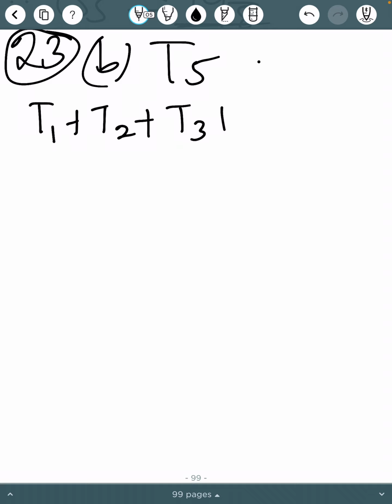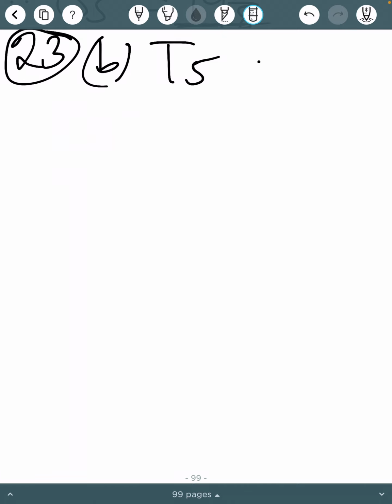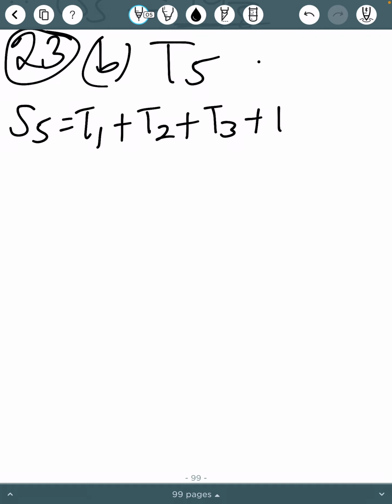Let's go to question 23b. We are told to find the fifth term of the sequence, T5. Now, we know that T1 plus T2 plus T3 plus T4 plus T5 will give us the sum of the first 5 terms, S5.